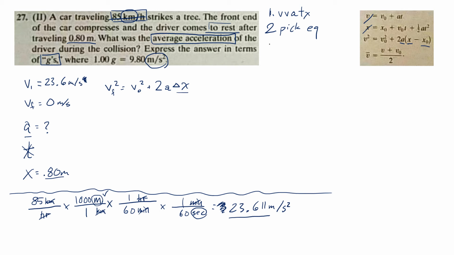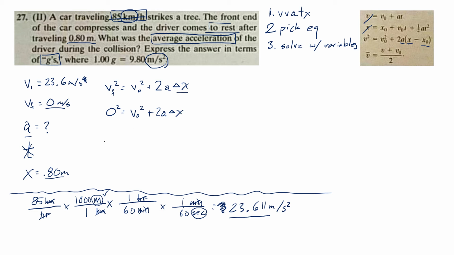After I chose an equation, number 3, solve with variables. There's one variable I do want to substitute in, and it's any zeros. That just makes things a lot easier. It's a good habit to have. So instead of V final, let's put 0 squared. 0 squared is 0, equal to V naught squared plus 2a delta x.